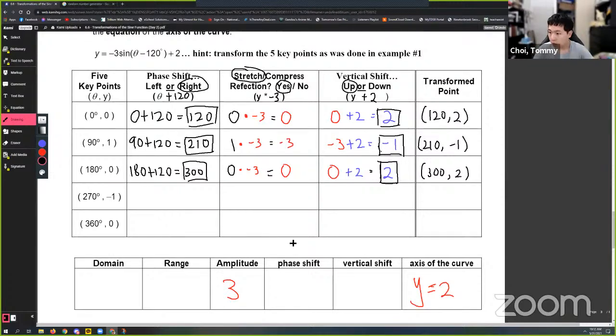Okay. So on and so forth here. I'm going to speed up this process for my last 2 lines here. I'm just going to speed it up just a little bit. You should get 390 here. You should get 5 here. Or sorry, 3 here. And then you should get 3 plus 2, which will equal 5.